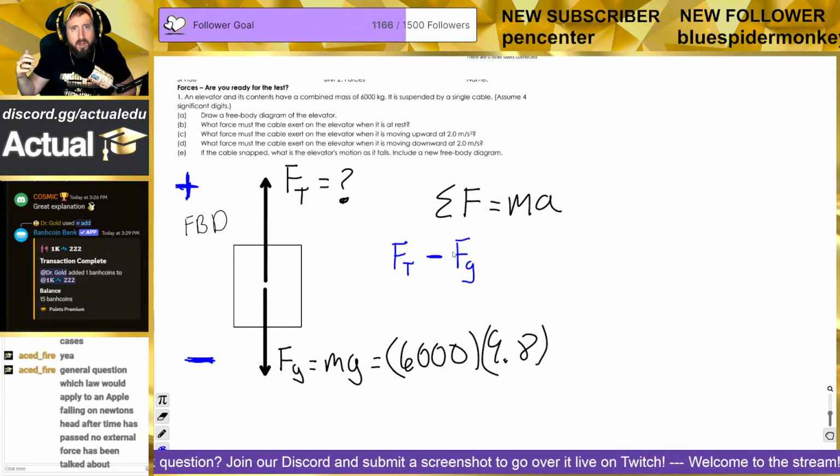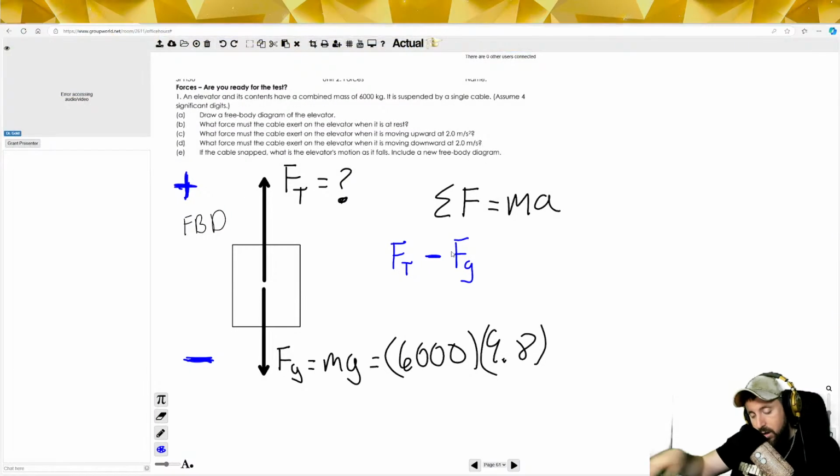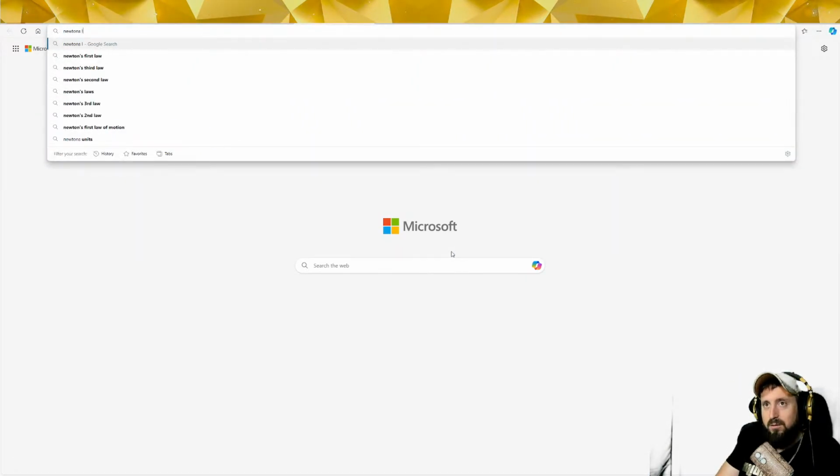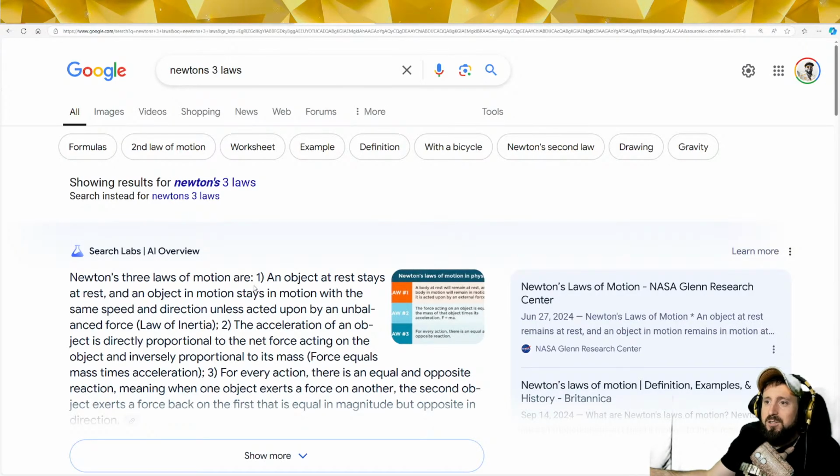General question: what law would apply to an apple falling on Newton's head after time has passed, no external force having been talked about? I've got to figure out which ones are which. An object at rest stays at rest, an object in motion stays in motion.